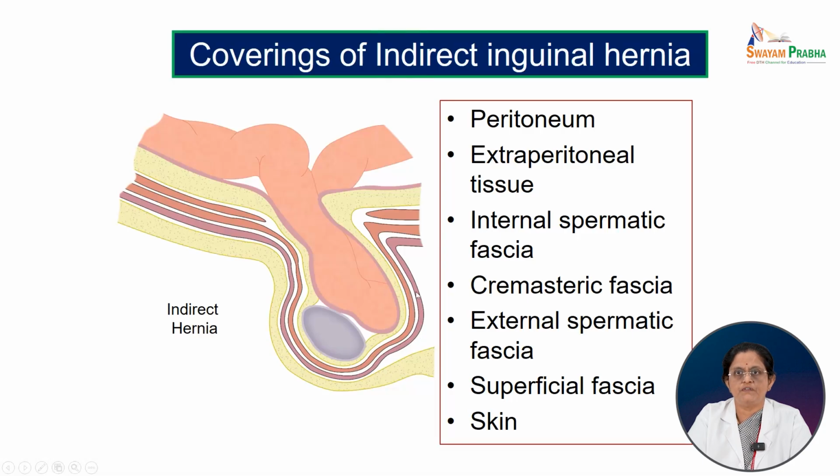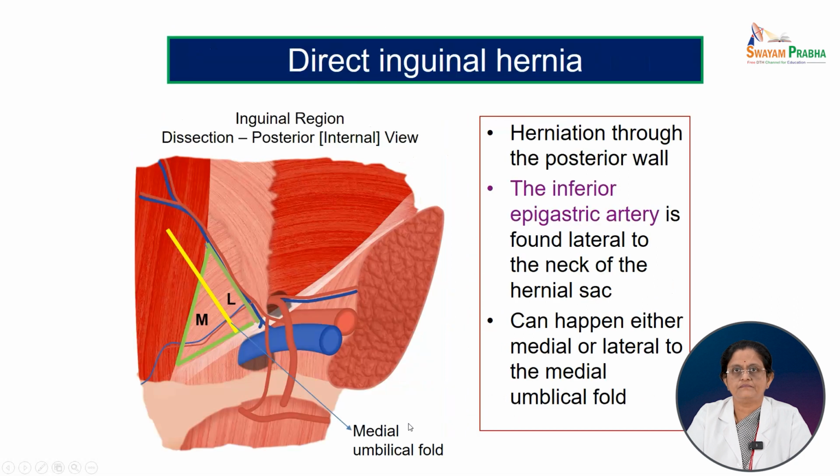Then outermost will be your external spermatic fascia which is derived from the external oblique aponeurosis. Then is the superficial fascia and the skin. These are the coverings of the indirect inguinal hernia. As has already been mentioned, a hernia has got a sac, it has got a content, it has got a covering. Those are the things which have been described.